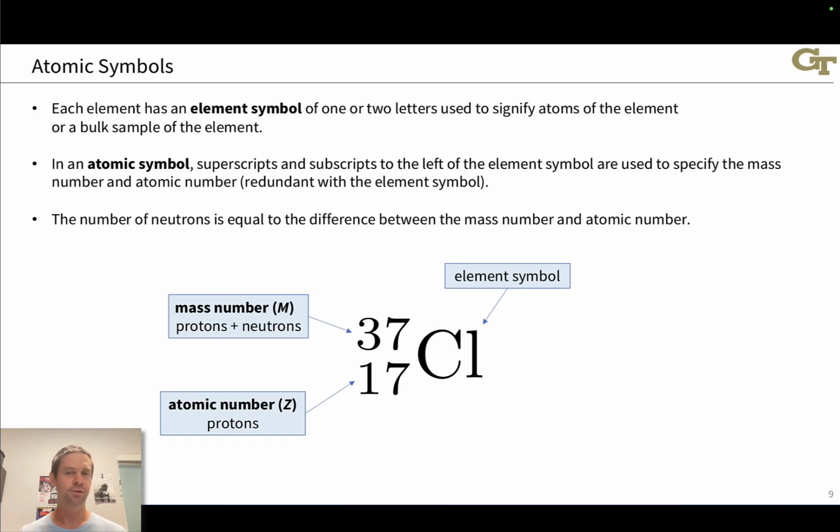One thing to point out here about atomic symbols is that the atomic number in the bottom left is actually redundant with the element symbol, right? Every atom of Cl has 17 protons in the nucleus, and so it's not really necessary to include this 17 if I know or can look up the atomic number of chlorine.